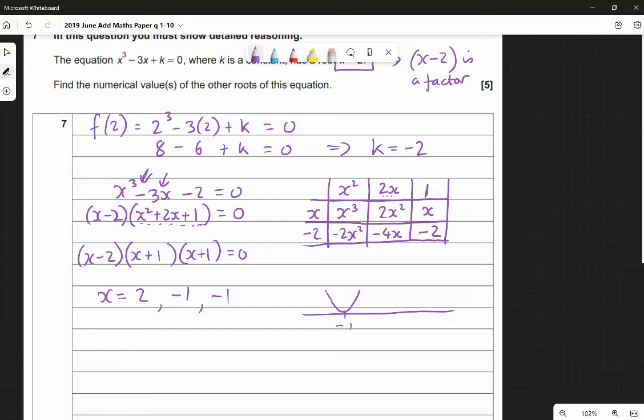And since it's a positive cubic, I know that it's not going to be like that at all. It's going to brush it from below. It's going to look something like this, since positive cubics have this shape, and they start bottom left and end up top right. So we found the other roots of this equation.